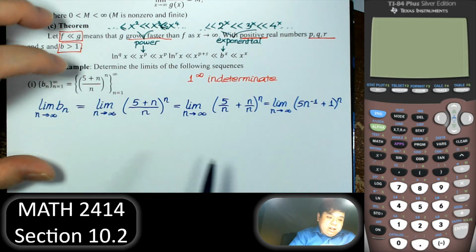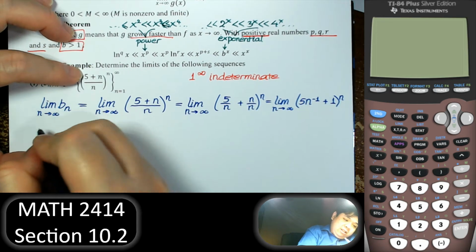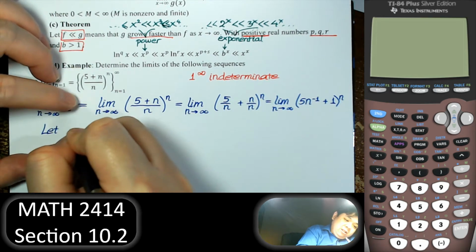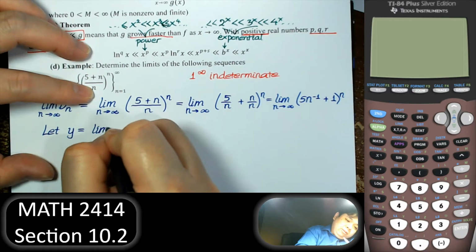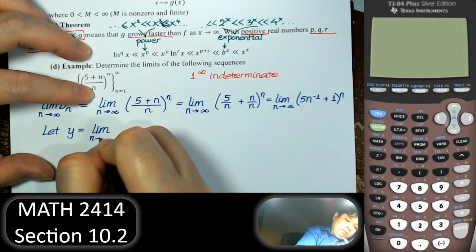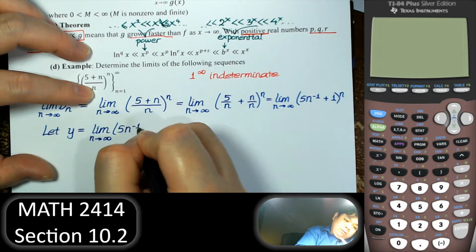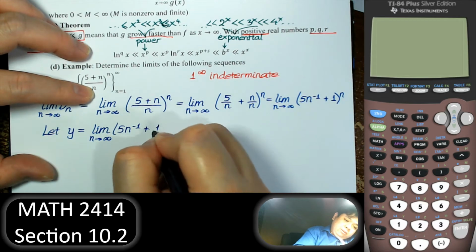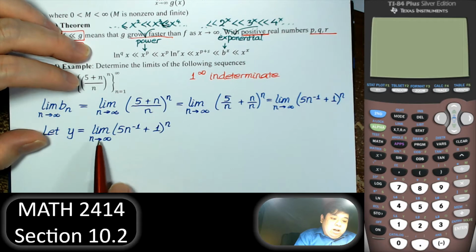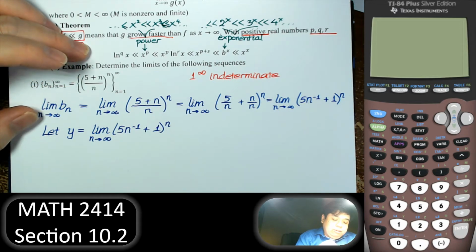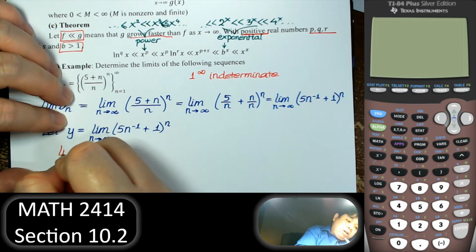First we're going to say let y be this. Now we let n go to infinity. Right, it is an indeterminate form, so we will take ln on both sides.